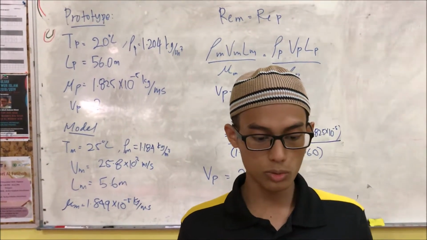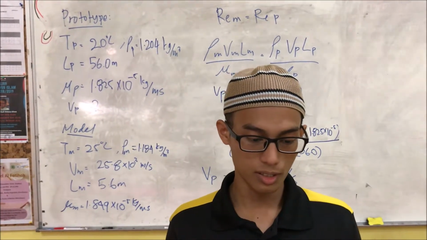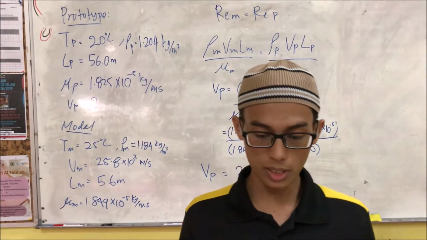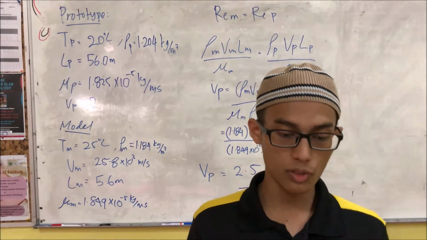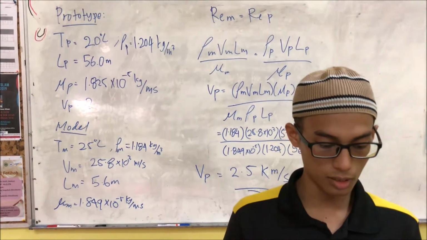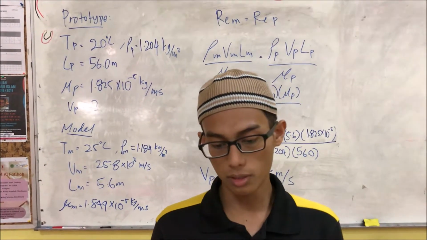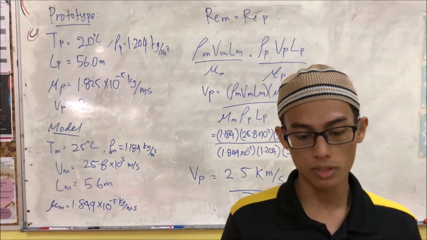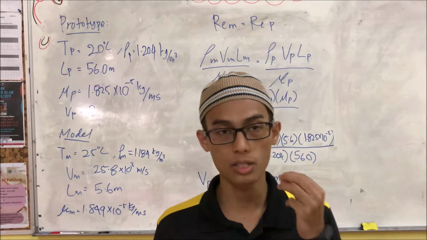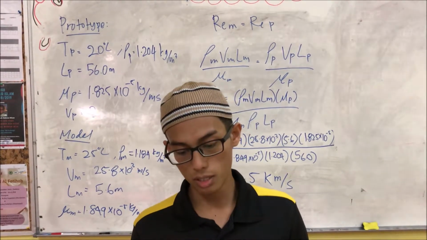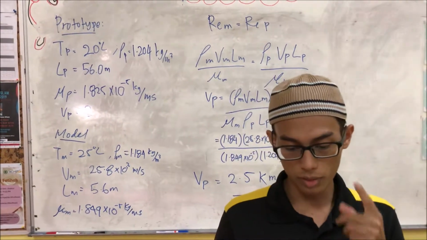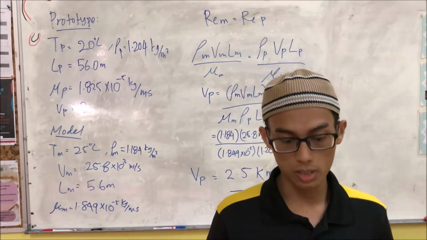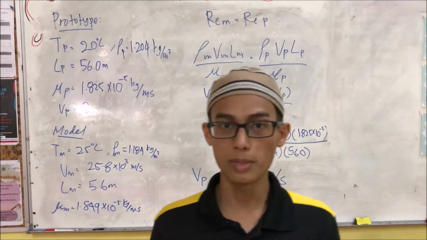And it is to obtain the scaling laws so that prototype performance can be predicted from model performance. And the third is to predict trends in the relationship between parameters. The concept of dimensional analysis has three principles of similarity, which is first geometric similarity, second kinematic similarity, and the third is dynamic similarity.